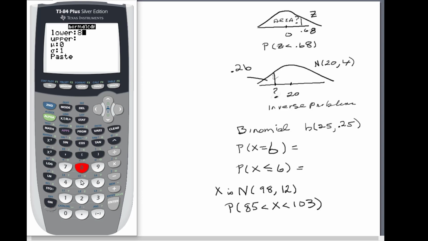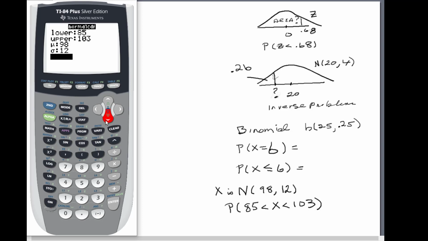So we'll replace negative infinity with 85. Now the upper in this problem is 103. And in this problem, the mean is 98, and the standard deviation is 12.